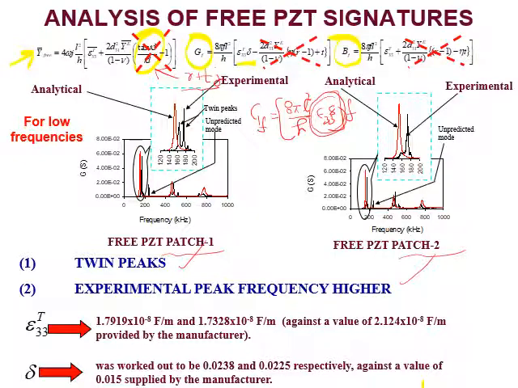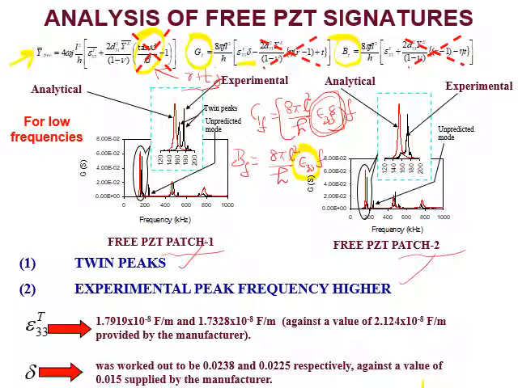Similarly, the expression for the imaginary part will be B(f) equal to 8 pi L square by H into epsilon 33 f. That means the plot of the imaginary part versus frequency will again be a straight line, and the slope will be proportional to epsilon 33.